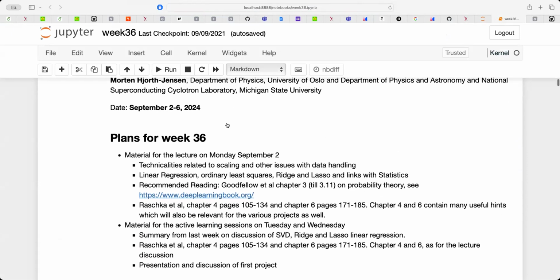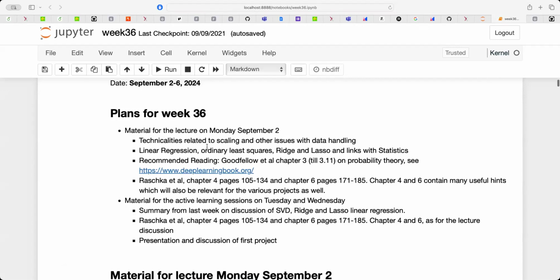Anyway, we are going to discuss a little bit in the notebook about technicalities about scaling. But what we will start with first is linear regression and ordinary least squares, ridge, which we discussed last week, and also this lasso regression, which we mentioned. We are going to talk a little bit about their mathematical meaning, what we actually end up doing.